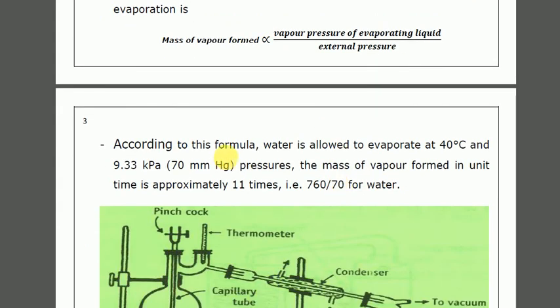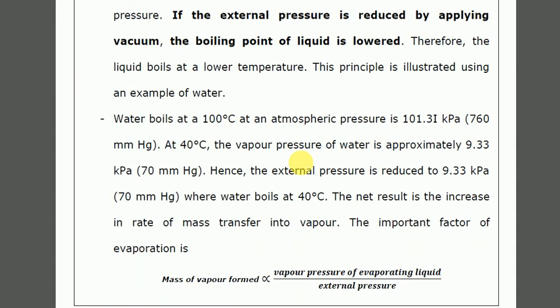Now, according to this formula, water is allowed to evaporate at 40 degrees Celsius and 9.33 kilopascal, that is 70 mmHg pressure. Okay. Again, I will explain this part.